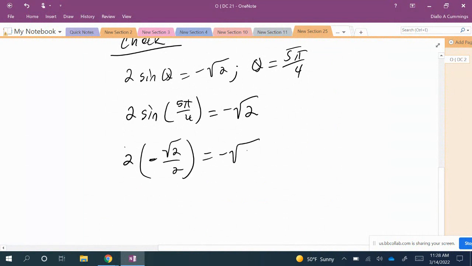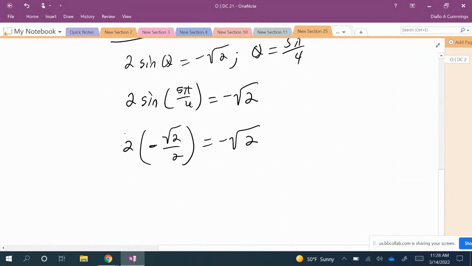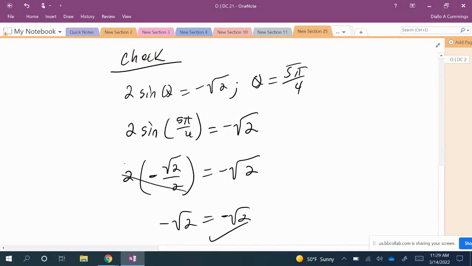And I'm going to bring down the right-hand side, which is negative square root of 2. On the left-hand side, the 2's are going to cancel. So we have negative square root of 2 is equal to negative square root of 2. All right, so we in fact have both sides equal. So we know that our solution 5 pi over 4 is a correct solution.